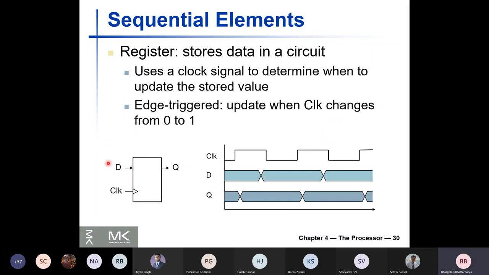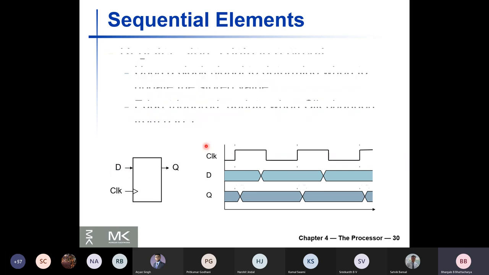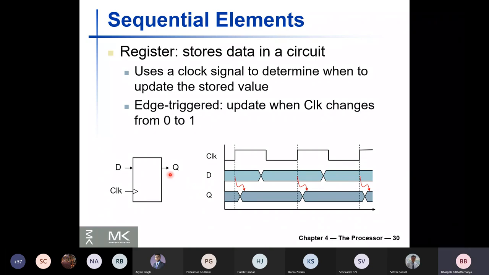So basically, if I have some data changing here, and this is the output, only when the clock goes high is the data captured. The data is captured and made available to the output only when there is a transition in the clock from 0 to 1. For the rest of the time, the data is held. And again, you make a transition from 0 to 1.